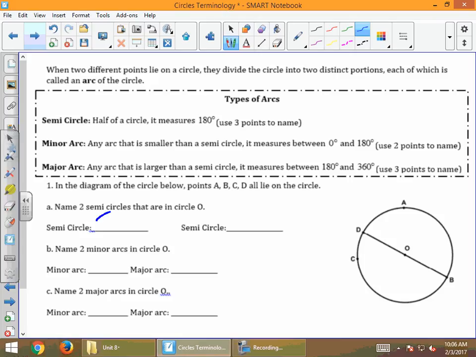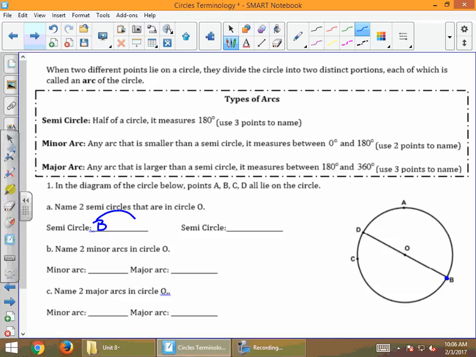What you're going to do, you're going to draw a mini arc. How I like to name semicircles, I name one endpoint of the diameter. What's one endpoint of the diameter? B. So I'm going to start with B. What is a point in between on the edge of the circle?